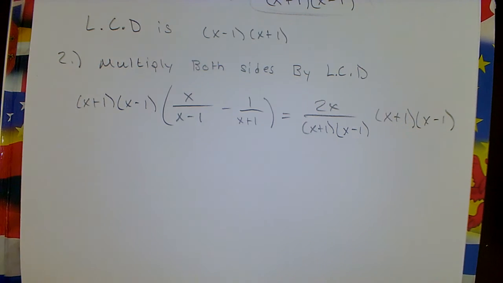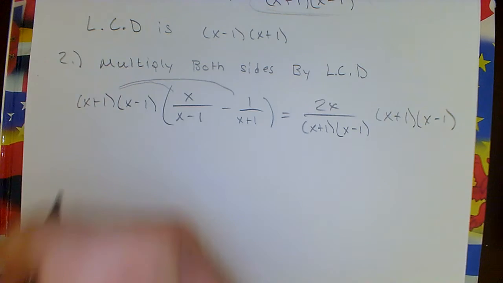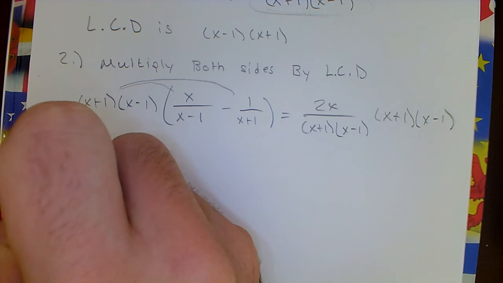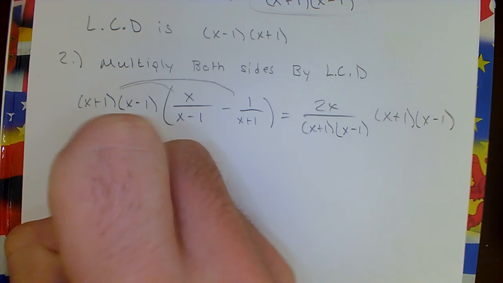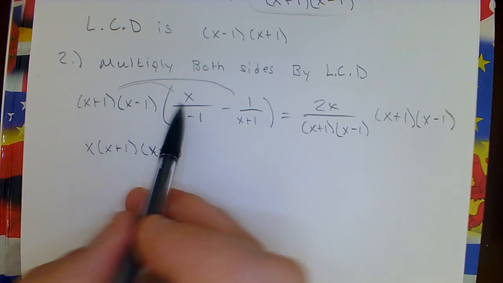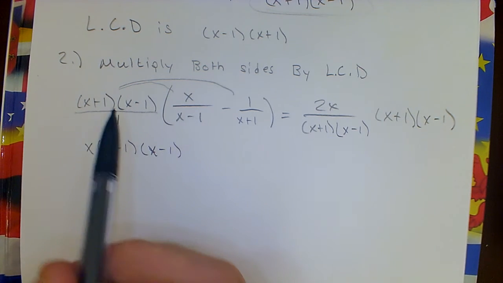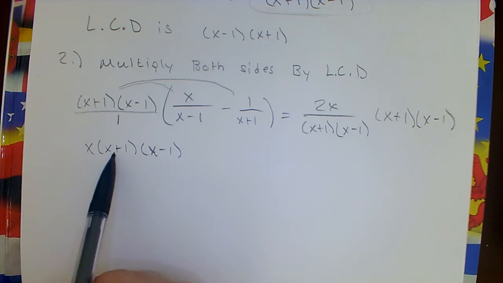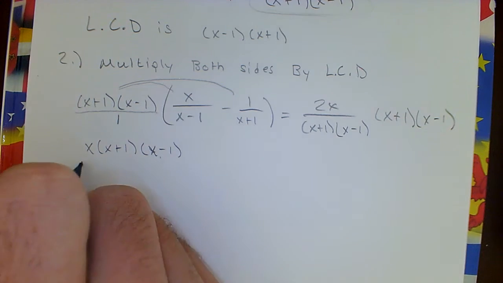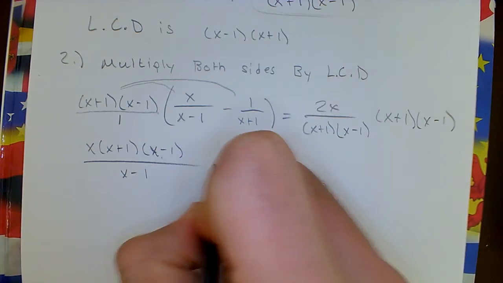Okay, so again, we're going to get some convenient cancellation here, right? So I'm going to distribute these two terms first. So we get x times x plus 1, x minus 1, right? We can think of this as multiplying two fractions together. Just think of this denominator as 1, right? You multiply the numerators together and you multiply the denominators together. Okay, so that's the first term.